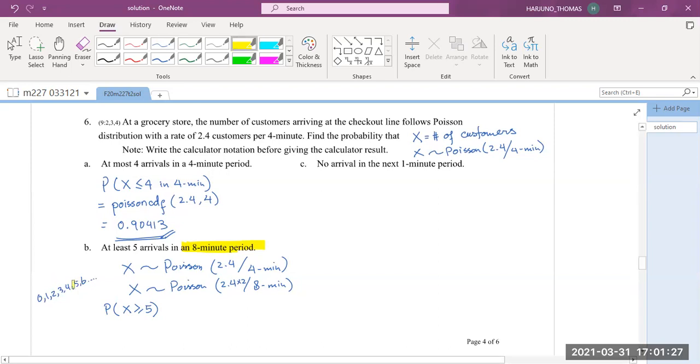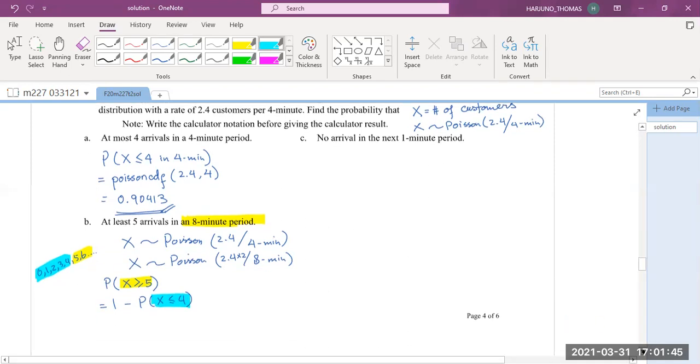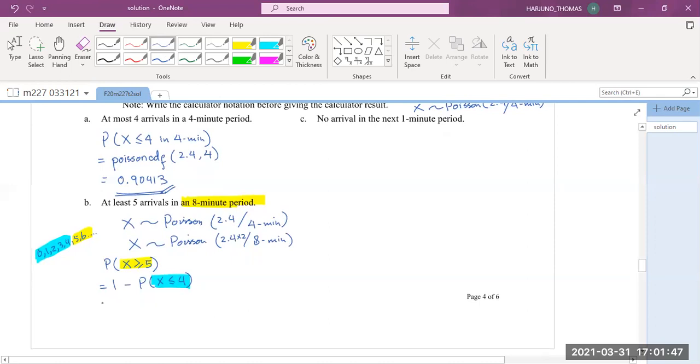That's the complement of at most 4. That is 1 minus Poisson CDF, 4.8.